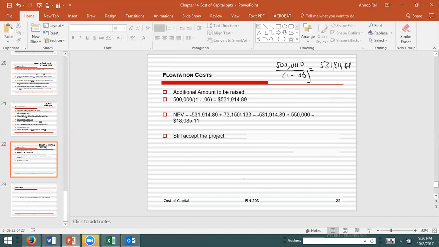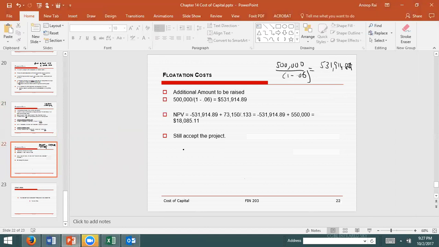Because if I took this number and multiplied by 0.94, I'll be left with 500,000. So 31,914.89 is what I'll have to pay my brokerage, which is 6% of this number. I'll be left with 500.